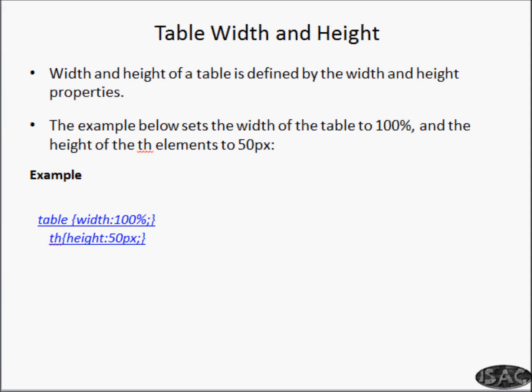We are specifying the width for the table, and this is my th. You can write it for td also. So for the table row height, I mean the table data in a cell, the height of that cell is 50 pixels. The example below sets the width of the table to 100% and the height of the th elements to 50 pixels.